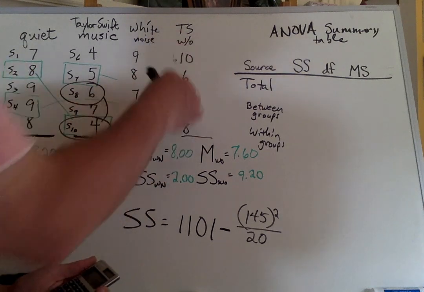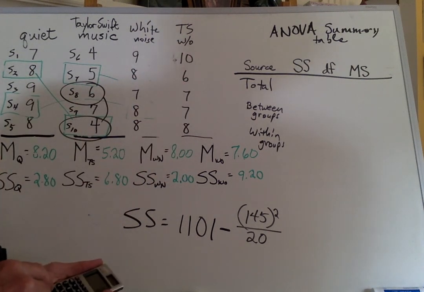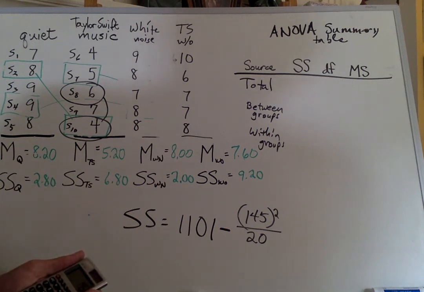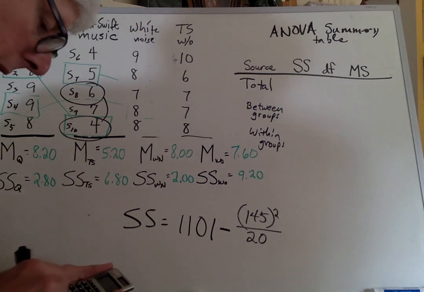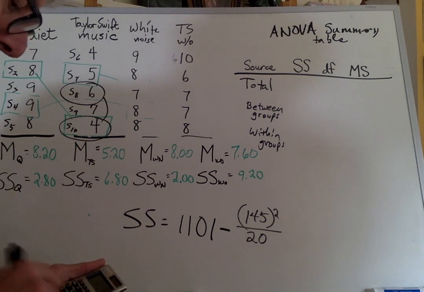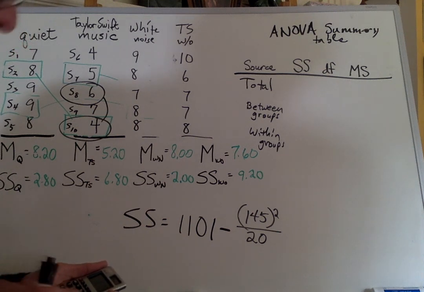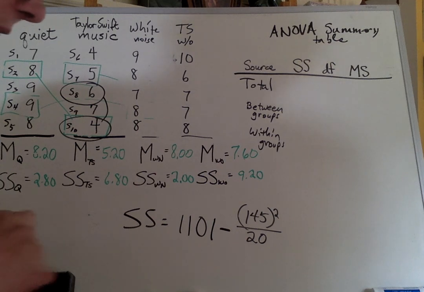I'm going to start with this side and add backwards, okay? So 16 plus 14 plus 8 plus 17 plus 15 plus 8 plus 9 plus 13 plus 4 plus 15 plus 18 plus 8. 145. Okay. Square that number. Divide by 20. 1051.25.